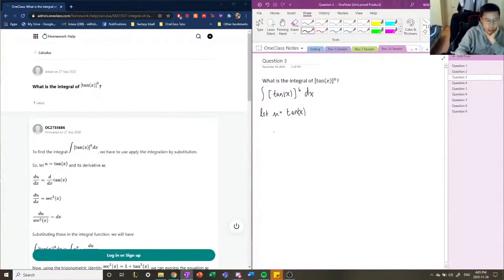So if u equals tan x, then du/dx will equal secant squared x. That means du equals dx times secant squared x.